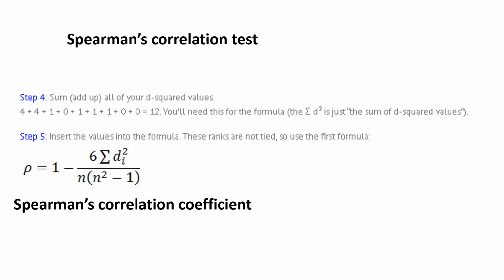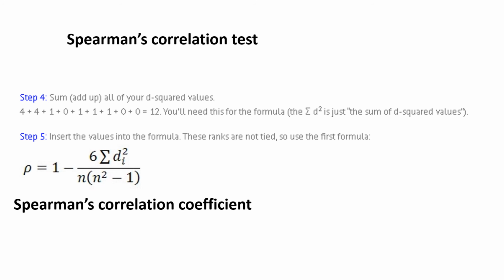Spearman correlation coefficient is rho, R-H-O, a letter that looks like P. Spearman's correlation coefficient is equal to 1 minus 6 multiplied by sigma D squared, that is the sum of difference in rank squared, divided by n multiplied by n squared minus 1.